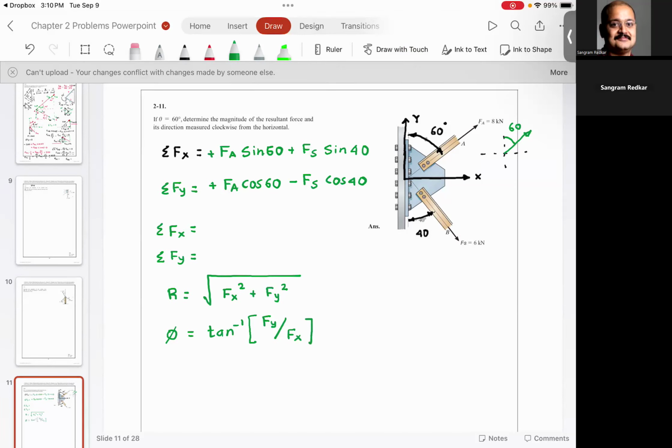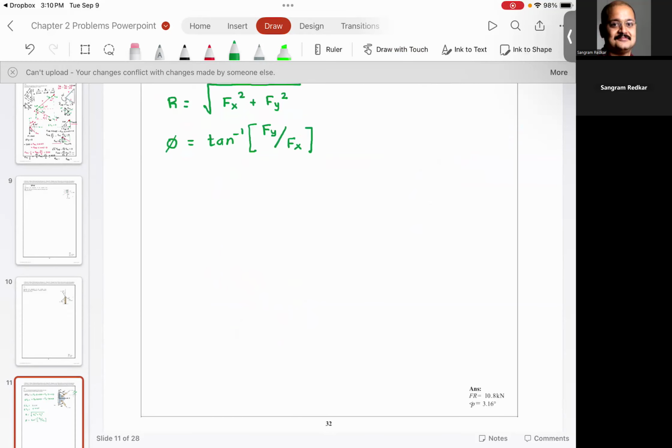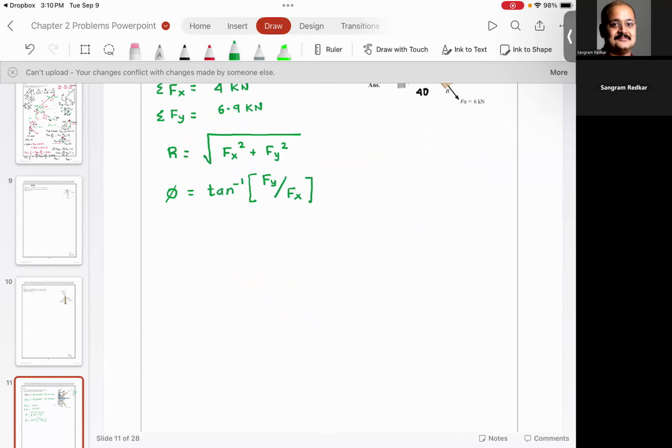And if you have your calculator, you can quickly tell me the answer. How much? 4.5, 6.9. Resultant 10.8. Yeah, about 10.8 is correct.